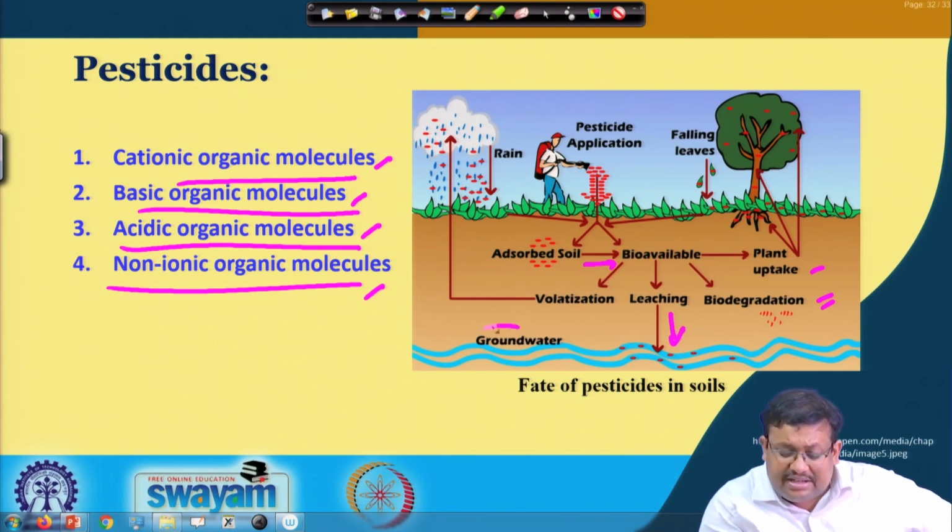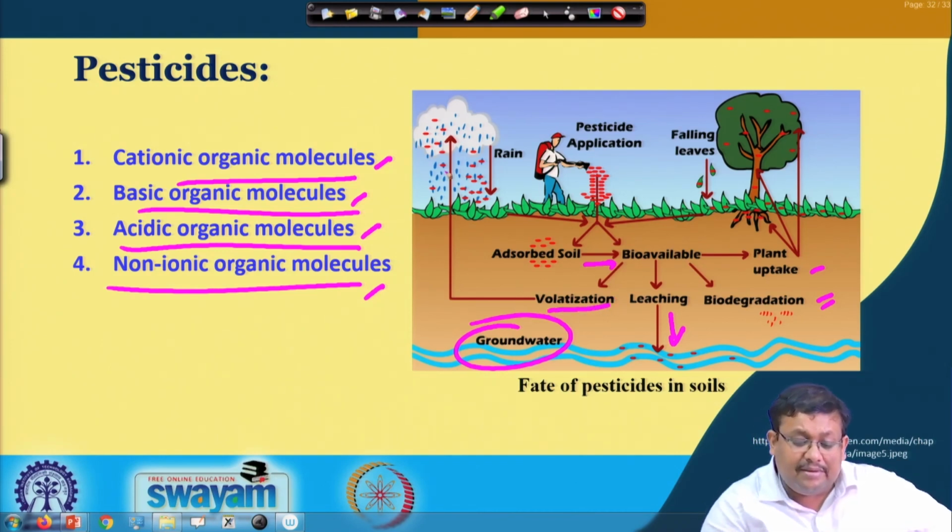This is one of the major sources of pesticide pollution. Also from the bioavailable source some amount gets volatilized into the atmosphere, and a part of this volatilized pesticide again returns into the soil solution through rains.